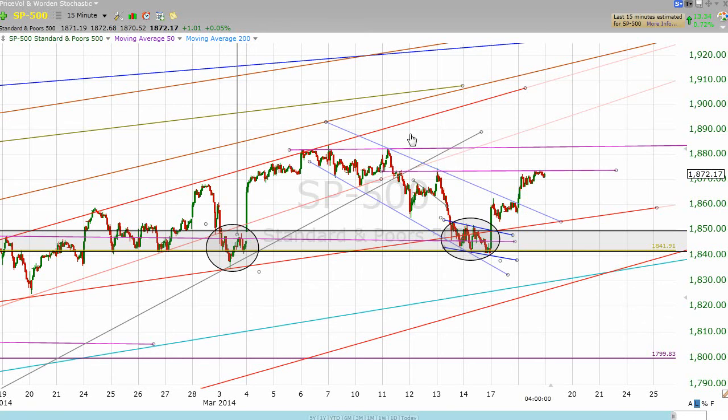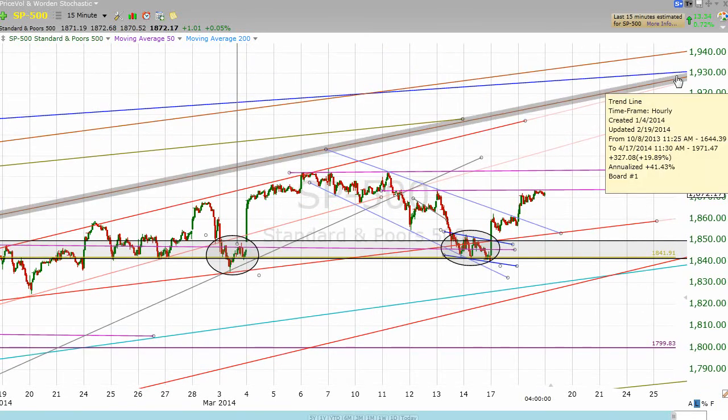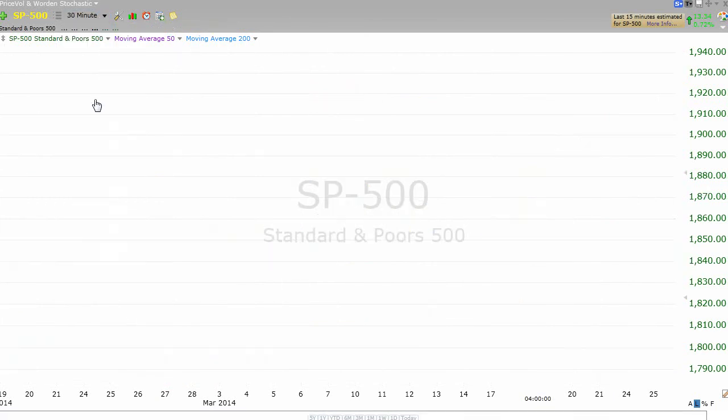And if we end up making a small inverted head and shoulders pattern here, then that alone would produce a target. Now, I'm not going to draw that line yet because it's not an inverted head and shoulders pattern at this point. But if it turns into one, that alone should be sufficient to get us to about 1920.